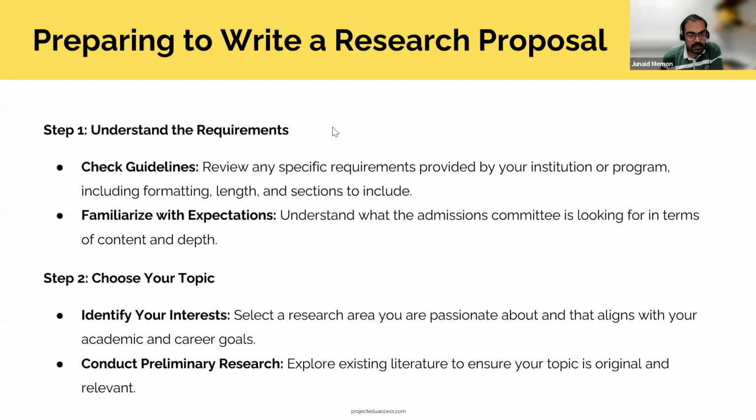Conduct your preliminary research. You'll be doing a lot of literature review; you cannot write a research proposal without one, which means reading current papers from the internet. For example, if you're doing a DPhil in engineering, you'll probably be reading papers from IEEE or some general papers.